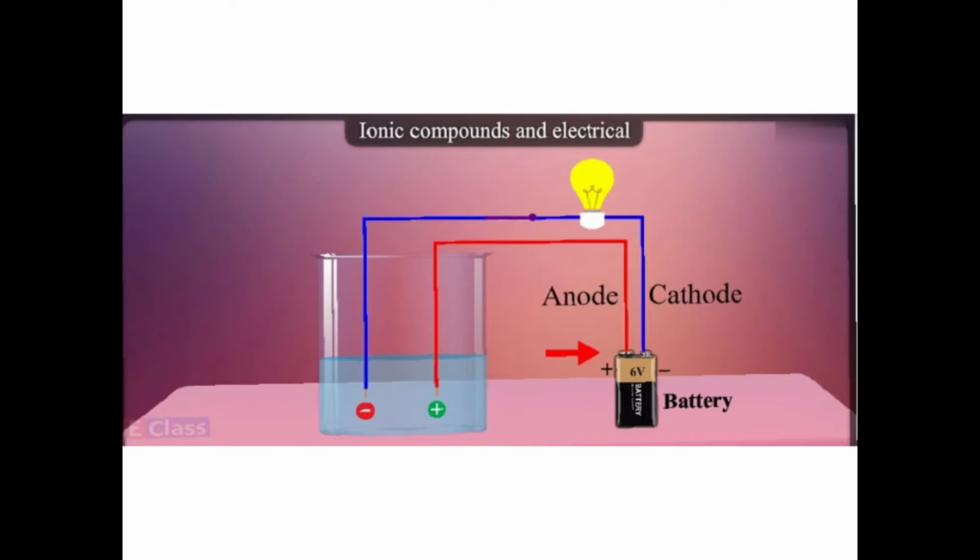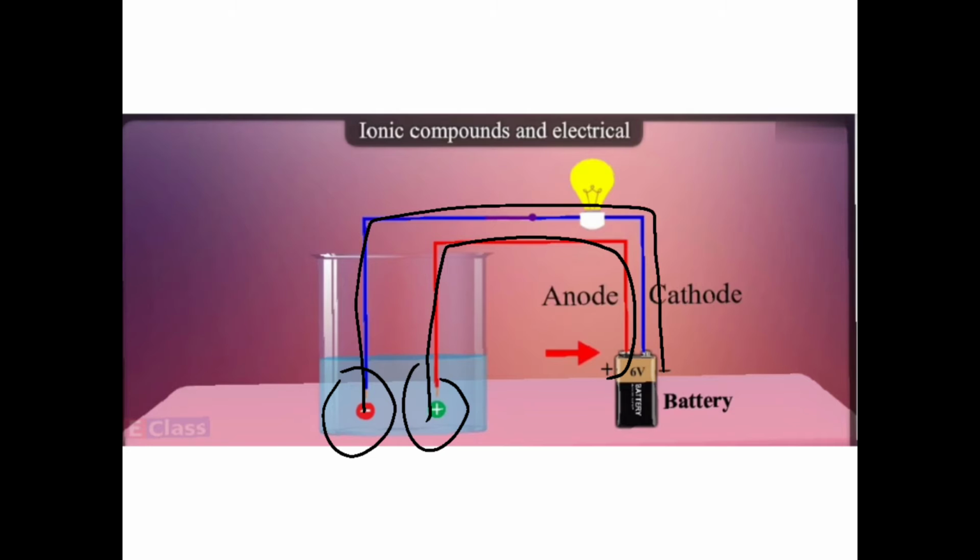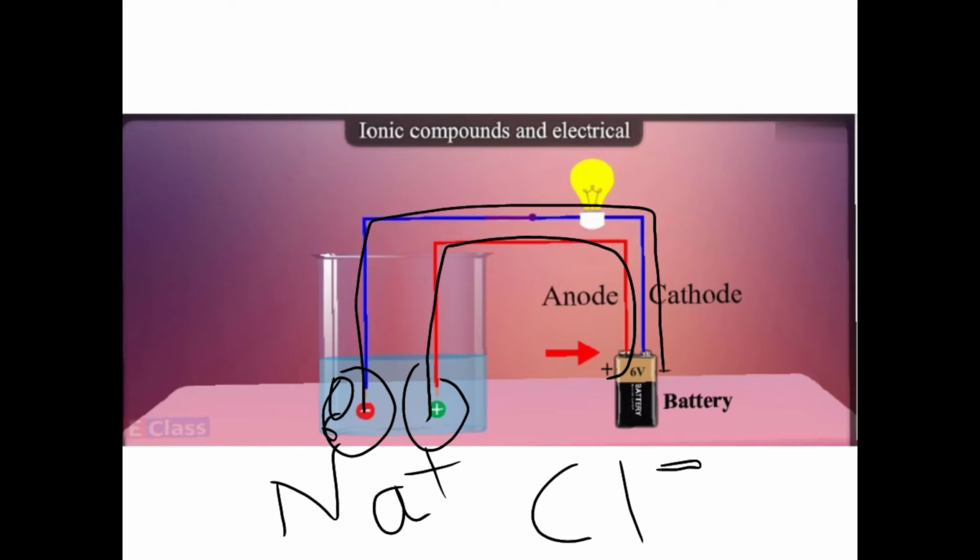So exactly what happens, children, is that this terminal is the anode part, this terminal is the cathode part. The ions, as you all know, if you have taken common salt, it has ions like sodium and chloride. Now the positively charged sodium will get attracted towards the negatively charged electrode and settle here as a sodium atom.